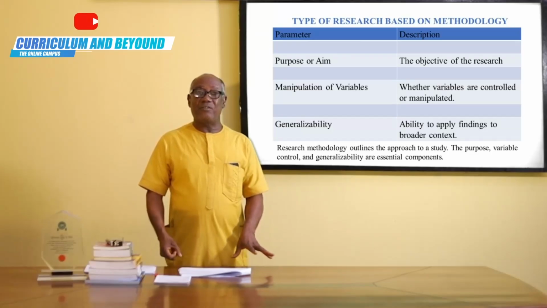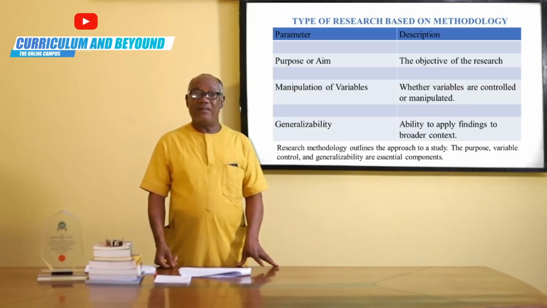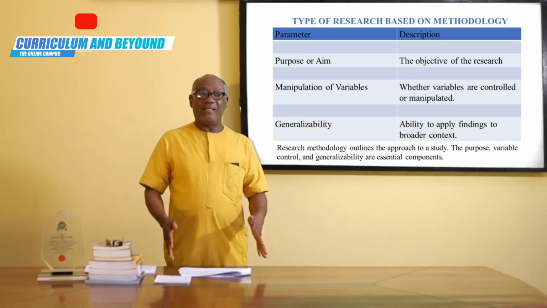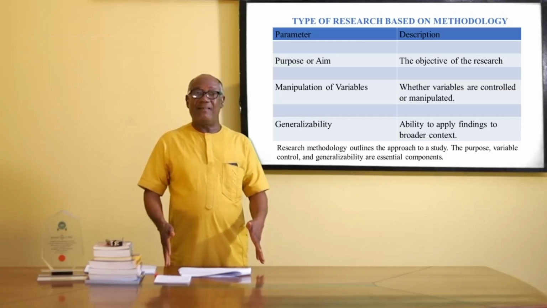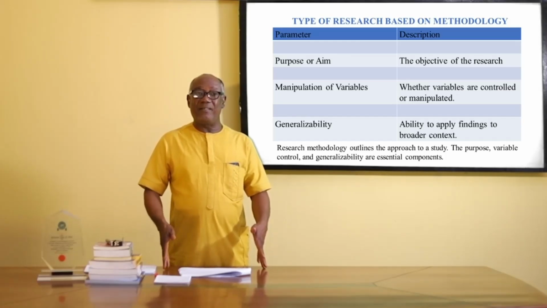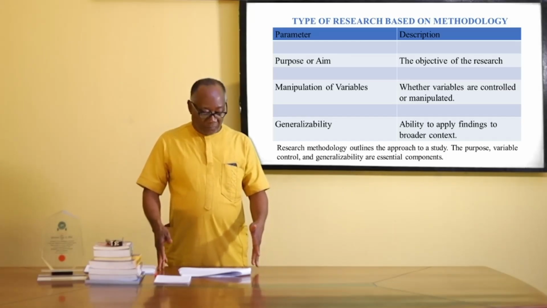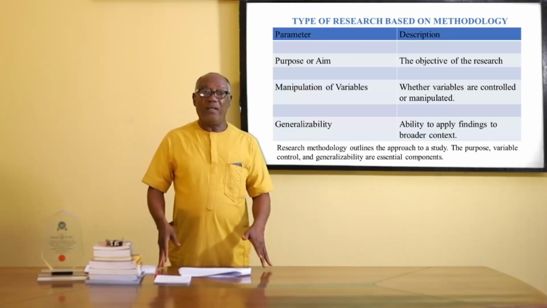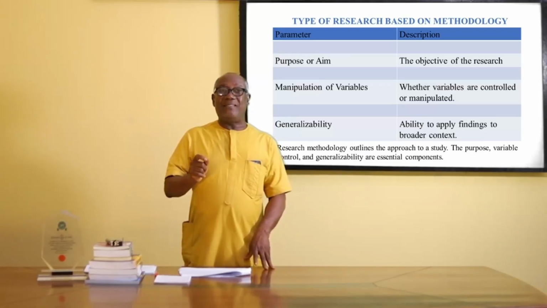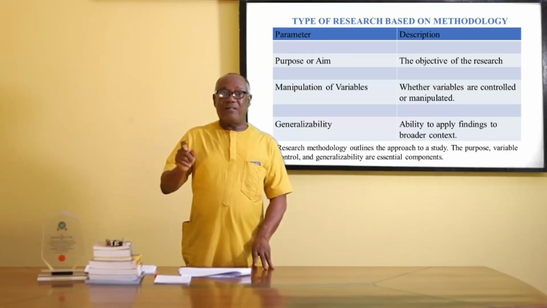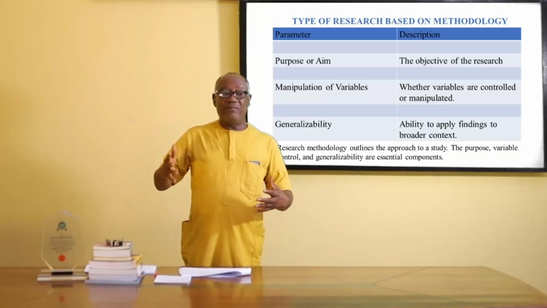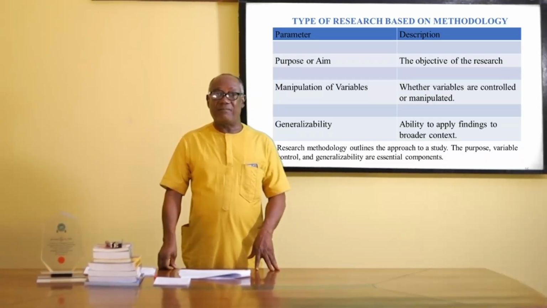For example, those of you in science, you carry out an experiment by planting seed in 2 different soils. The purpose or aim is to look at the effect of type of soil on the germination of seeds.